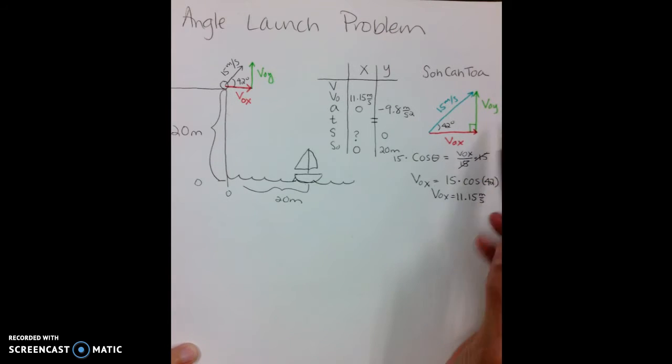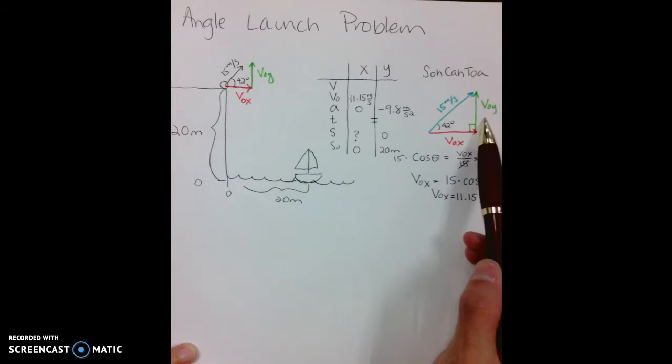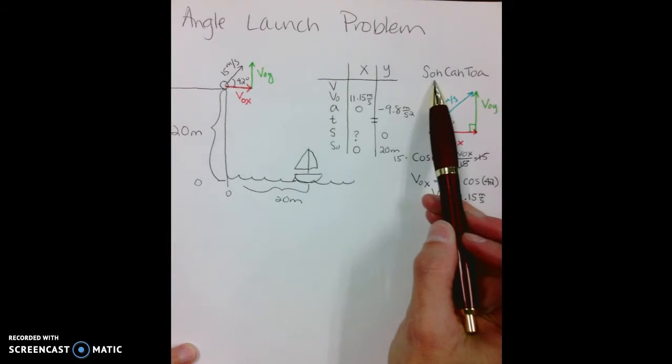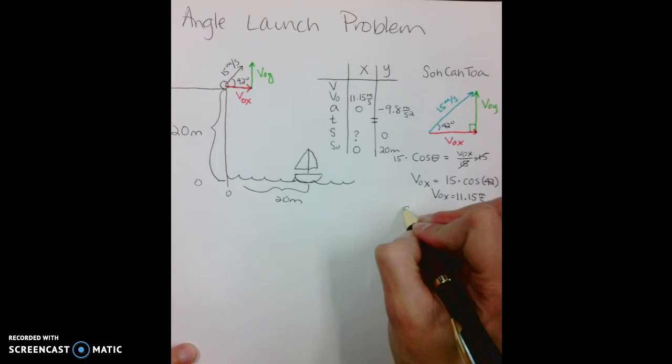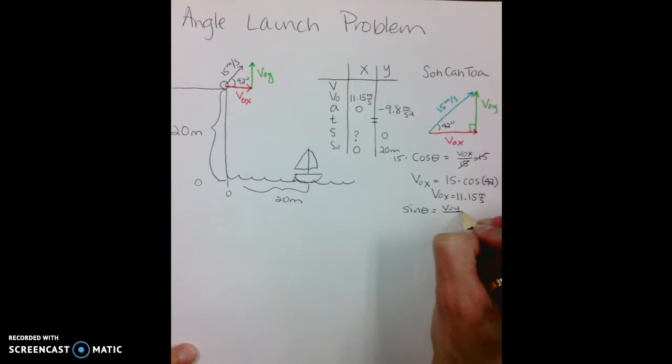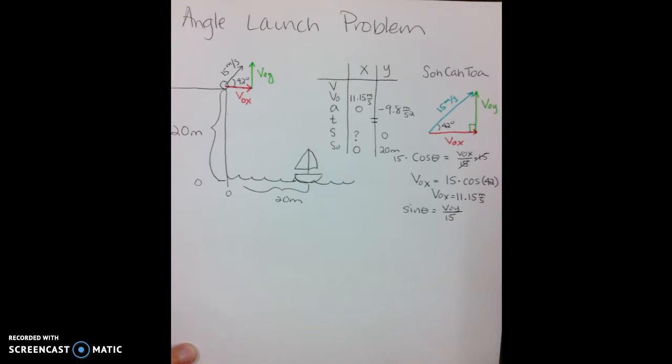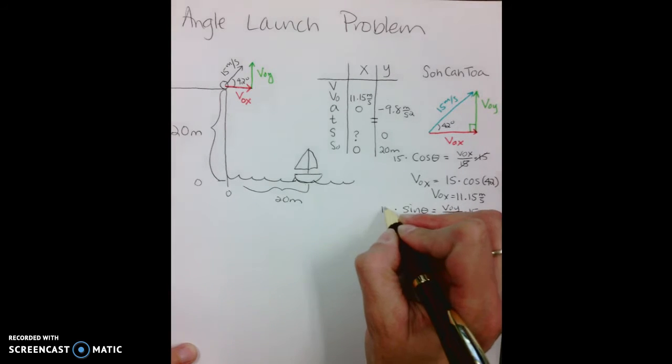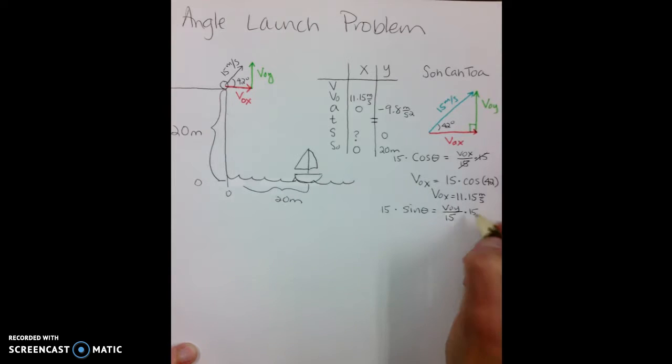Okay. For initial velocity in the y direction, well, that side is opposite the angle, so I'm going to use sine. So I'm going to say the sine of theta is equal to v0y over 15. And again, to get v0y by itself, I'm going to multiply both sides by 15 meters per second.